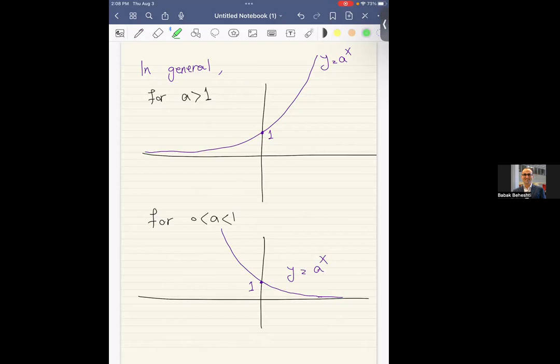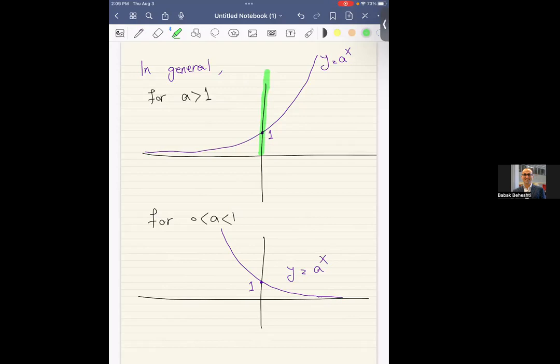Yeah, it's positive values. Y bigger than 0. So the y values, I can show you on the graph, are all positive numbers. You don't have any y value below the x-axis.